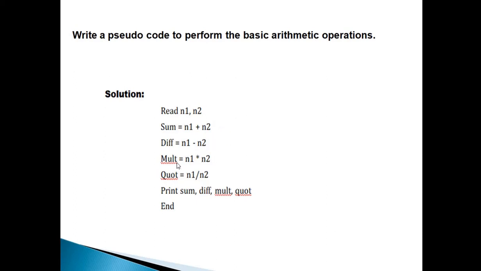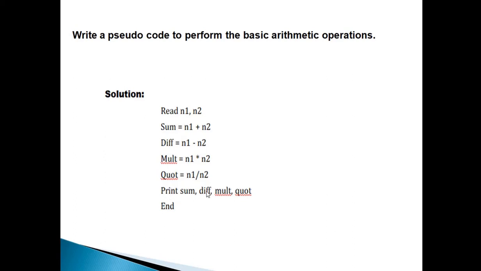In the fourth statement, multiplication, MULT, is n1 into n2. Between n1 and n2 it performs the multiplication operation, and that value is stored in the variable MULT. Next, we perform the division operation. Division gives the quotient: n1 by n2 is divided and the result is stored in QUOT.